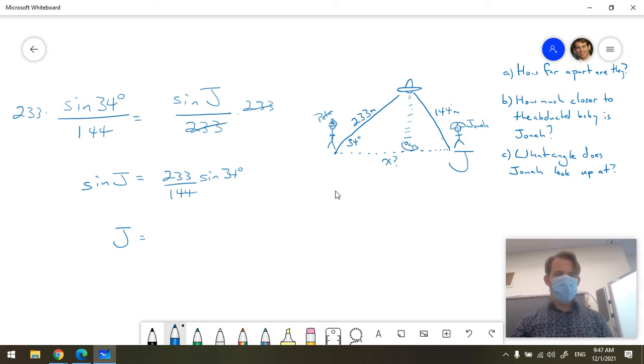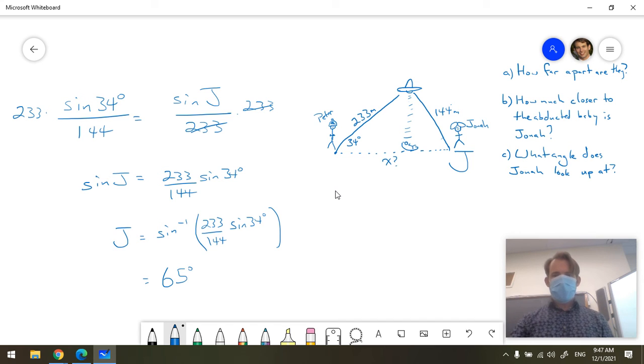So that J would be equal to the inverse sine of 233 over 144 sine 34 degrees. This would be the exact expression I could punch on my calculator to find angle J. So when we do that, we found that angle J was 65 degrees. Trust me that if you punch that on your calculator, that's what you're going to get.